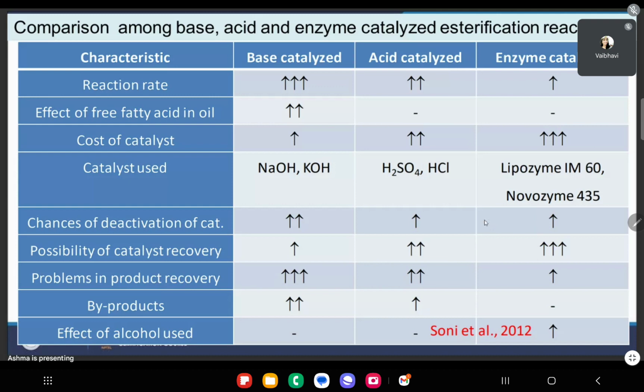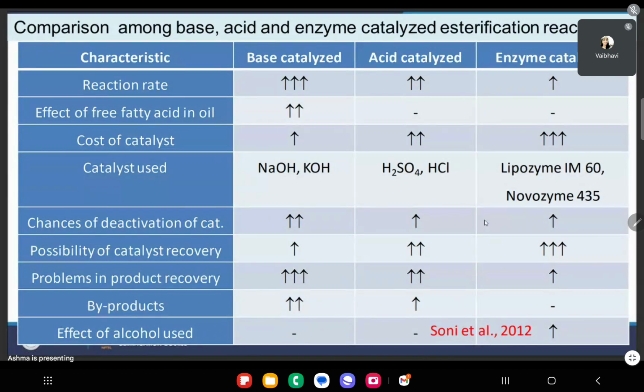Next is the comparison among base, acid, and enzyme catalyst esterification reactions. In transesterification, we can use base catalyst or acid or enzyme catalyst. If we are using the base catalyst, then the reaction time is very short compared to acid, and the reaction rate is very high in base catalyst as compared to acid and enzyme catalyst.